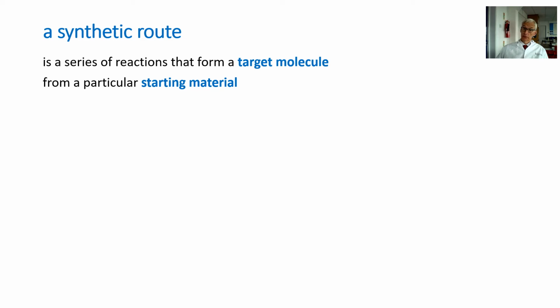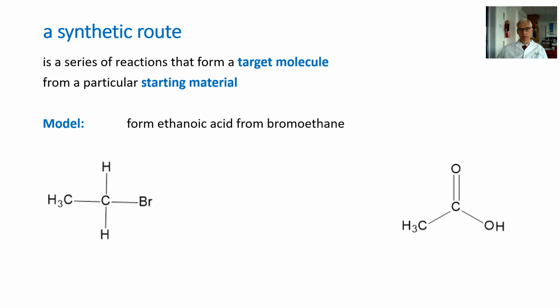However, the starting material will determine whether the reaction pathway is possible to the target molecule. So we have a target molecule and starting material. For example, we might start with bromoethane, and our target would be ethanoic acid.